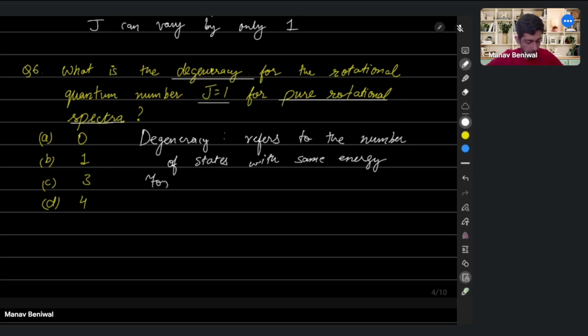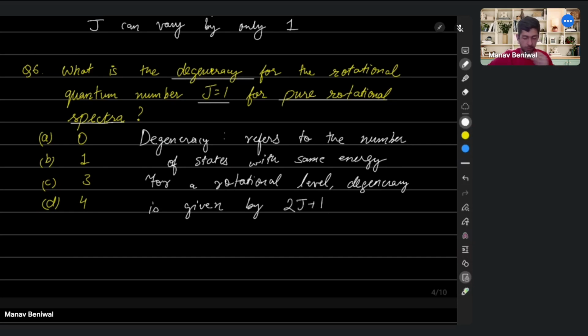For a rotational energy level, degeneracy is given by 2J plus 1. And from where does it come?